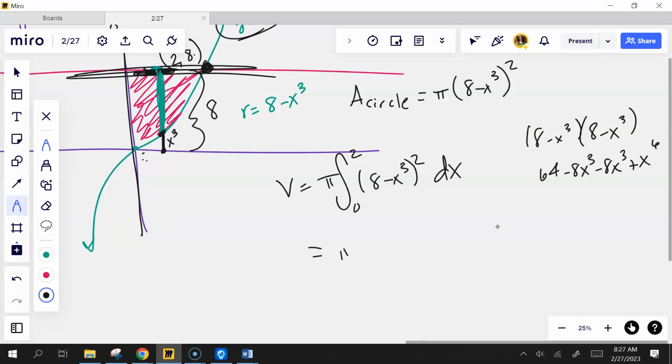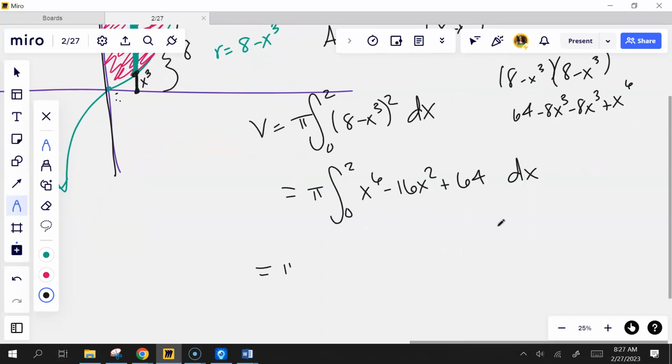All right, so I get pi times the integral from 0 to 2 of x to the 6th minus 16x cubed plus 64 dx. Antiderivative: 1 over 7 x to the 7th minus 16 thirds x cubed plus 64x, all evaluated from 0 to 2.